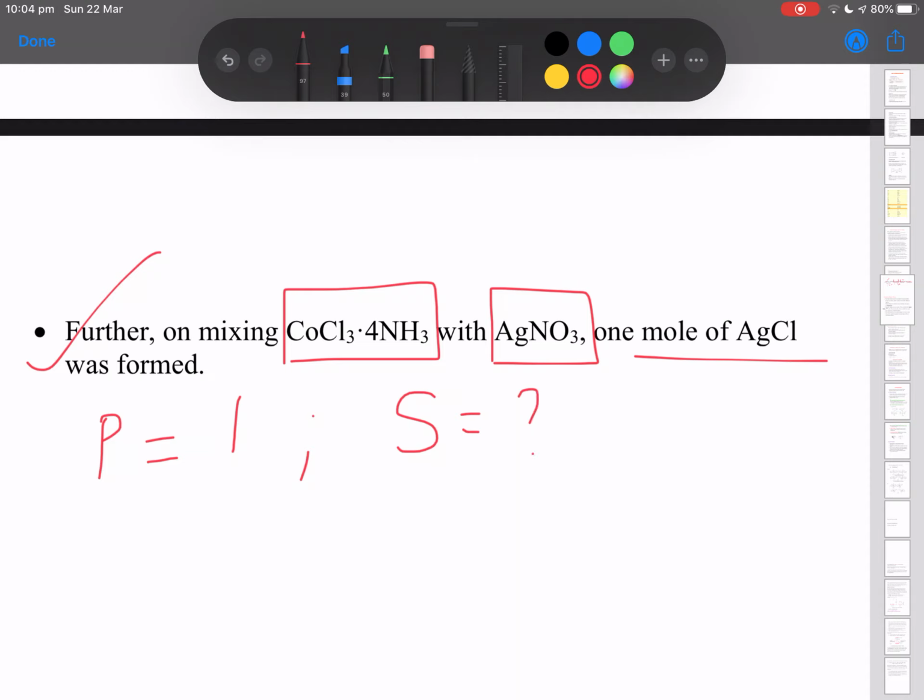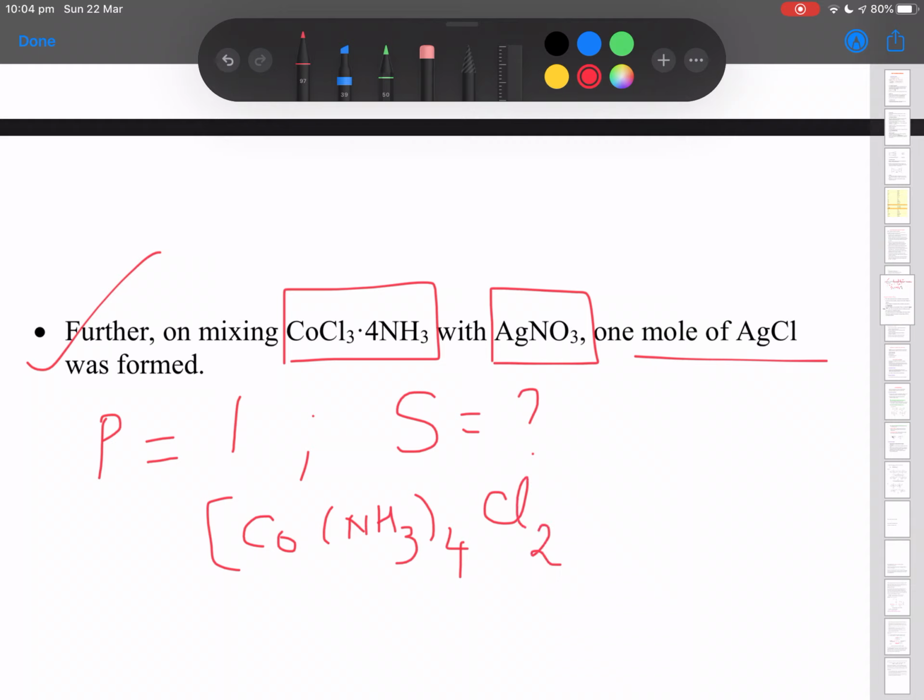Now let us first write the complex structure. So again, cobalt is the central metal atom. Of course, amine has nothing to do with precipitation, so it is acting as a ligand. How many molecules are present? 4. So I have tetraammine, right? Then out of 3 chloride, only 1 got precipitated out. So what is left over? Cl2.